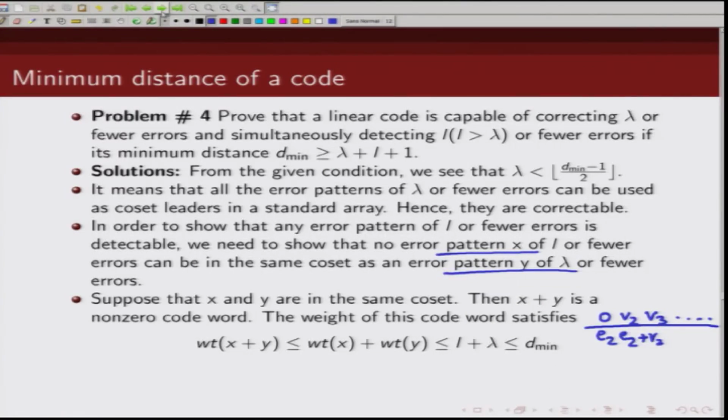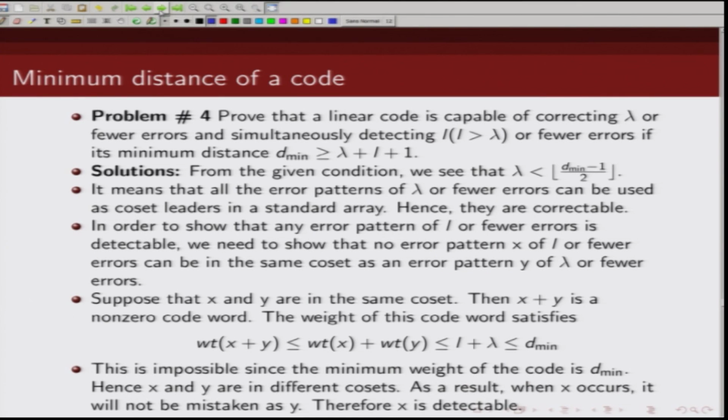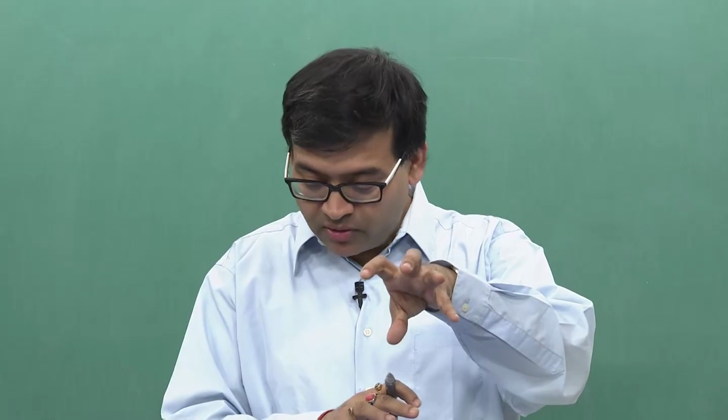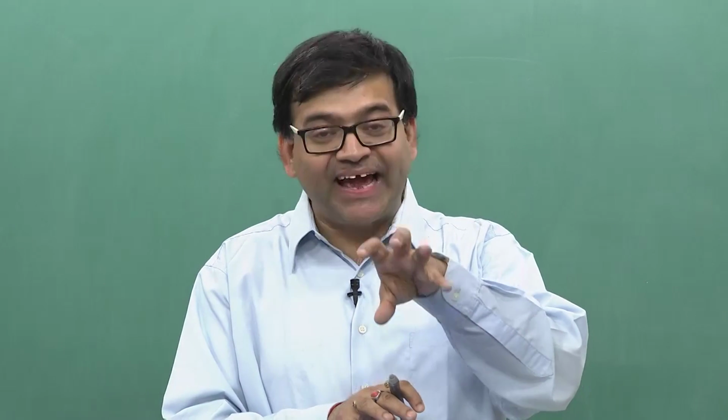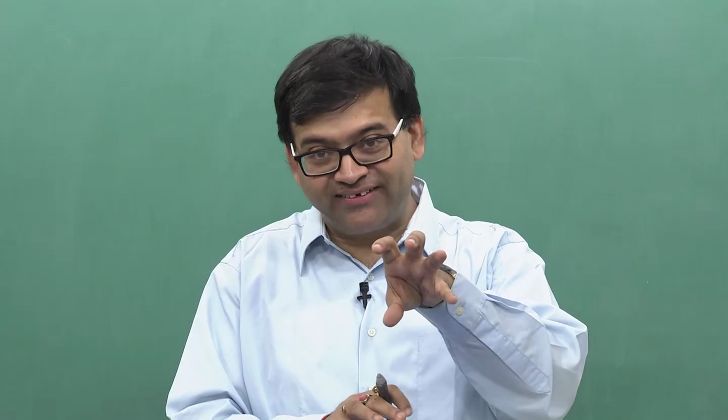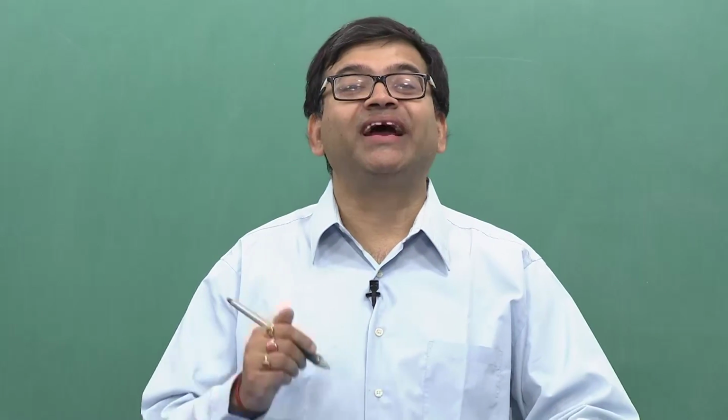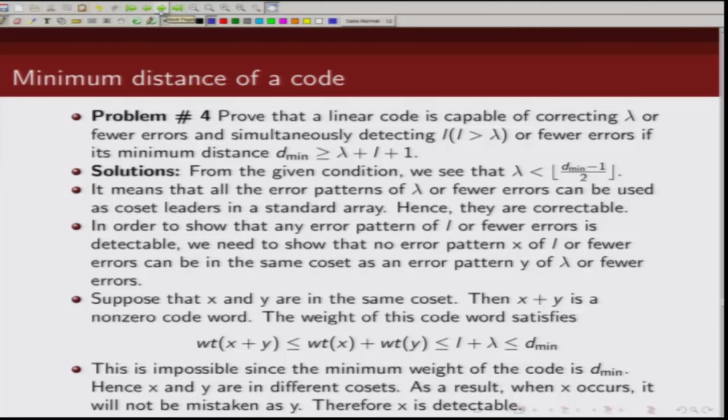Now, if x and y are not in the same coset, then we can always put those error patterns of y and x in different cosets, and hence we can simultaneously detect and correct errors. So, we can simultaneously correct lambda errors while also detecting L errors.